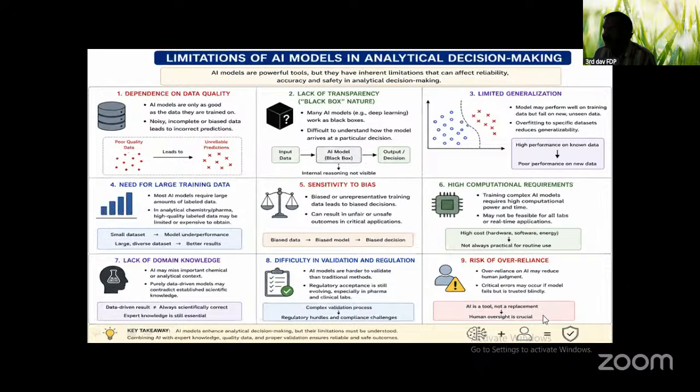Human oversight is crucial. Humans must observe what the AI is doing, and whether it is reliable or not should be verified. Simply put, regarding the limitations of AI models in pharmaceutical sciences, AI models enhance analytical decision making, but their limitations must be understood. We should know what the limitations are, where it is going to fail, and where we need to use our expert knowledge.